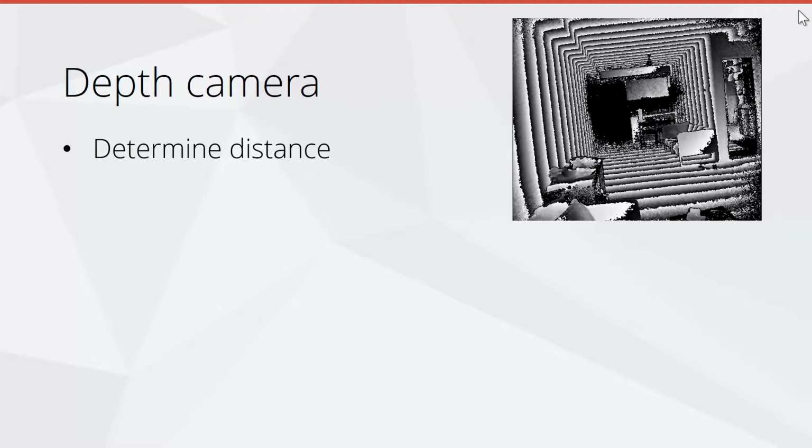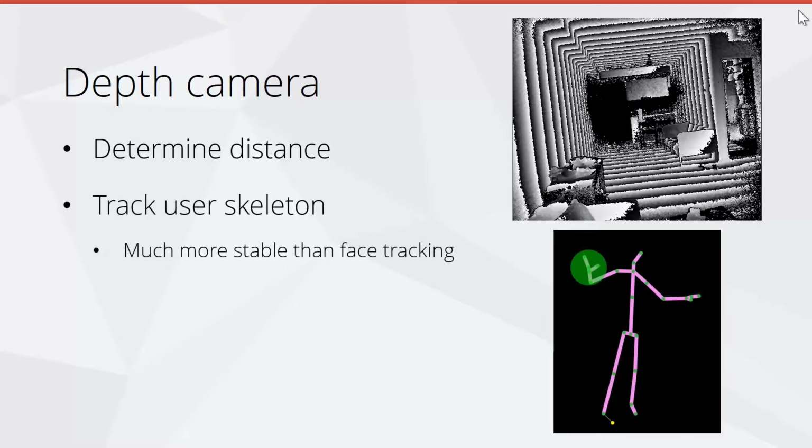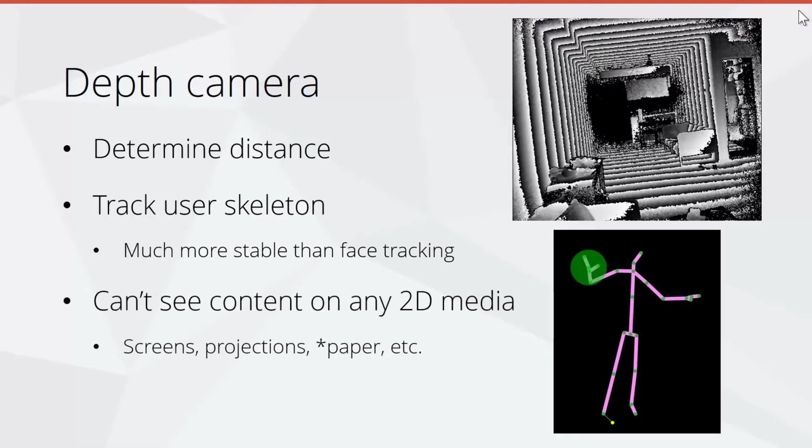So the first time you look into it, it might look a little bit weird, but when you see this as a corridor, you start to get a feel of how the image is represented. And the other thing that depth cameras can give you is skeleton tracking, which is much more stable than face tracking. And we'll go back to this one a little bit later.